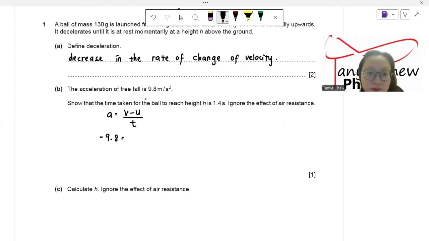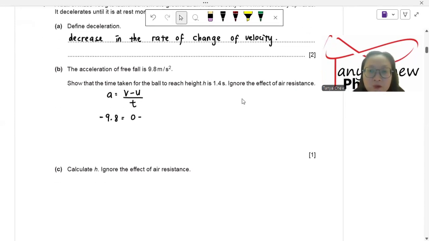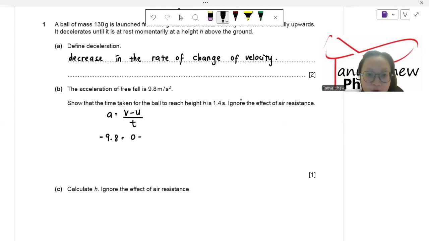So the v must be equal to 0. The initial velocity is given here, which is 14 meter per second. So I'll just put here 14 meter per second divided by t. I just need to prove my t, which is equal to 1.4 second. Now I make t the subject: negative 14 divided by negative 9.8.